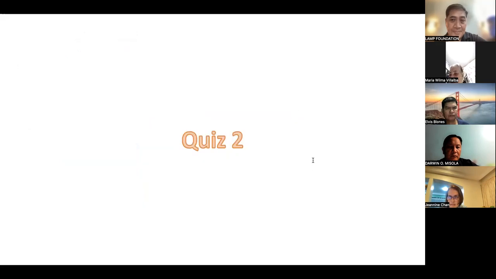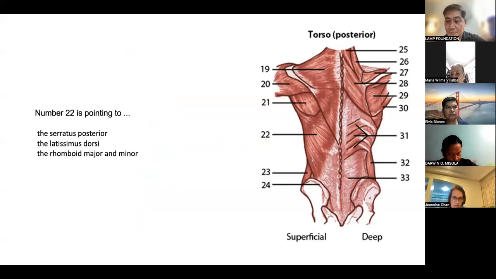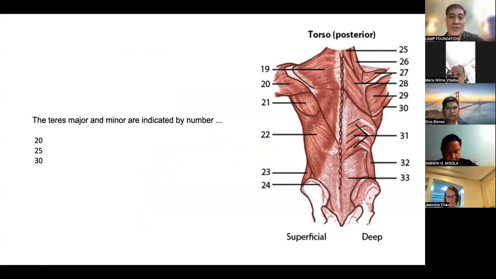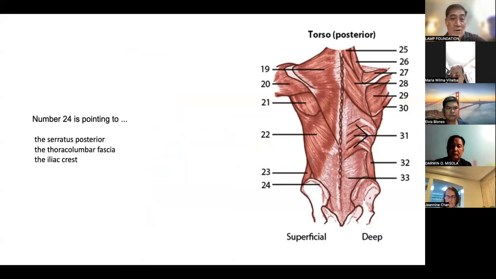Number 20, the deltoid. Number 23, external oblique. Number 22, the latissimus dorsi. Teres major and minor, number 30. Rhomboid major and minor, number 28. Number 24, iliac crest.